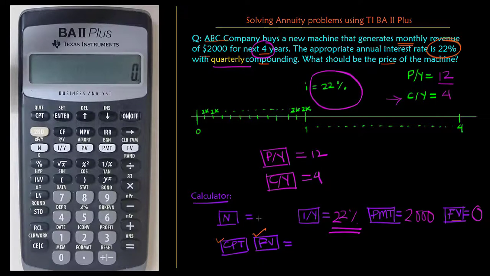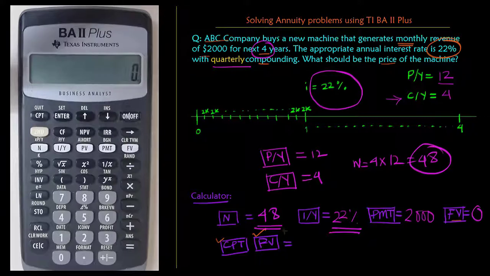So you'll put 4 multiplied by 12, that is 48 in N. This was confusing for me when I first learned this, because if my calculator knows both that my payments per year are 12 and my compounding per year is 4, then why do I need to put this value in months again? But that's how this calculator works. So put these values.